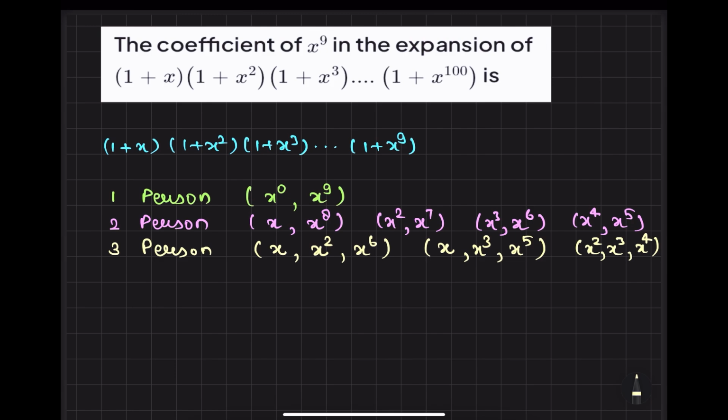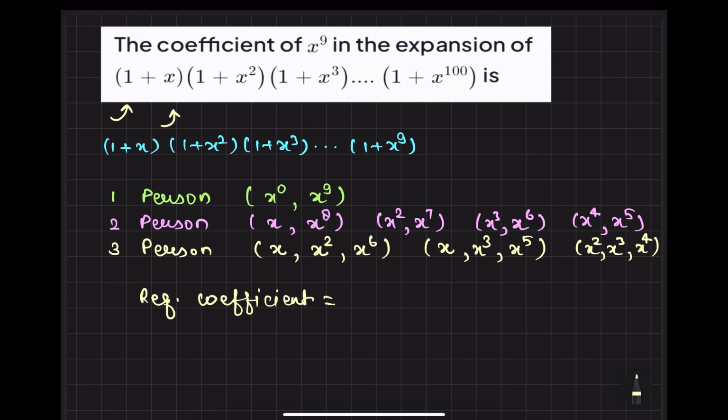And so the required coefficient, like in every case the coefficient will be 1 only, because this 1 will not contribute in coefficient, this x will not contribute in x coefficient. Okay, so in every case you will be having coefficient as 1.